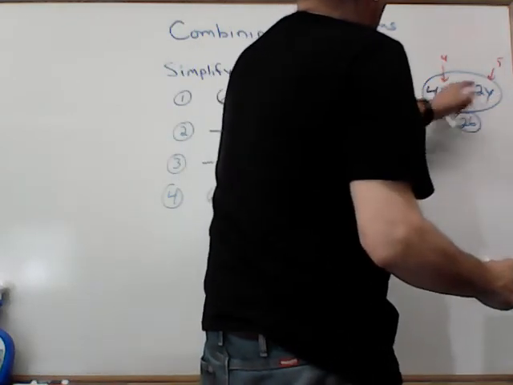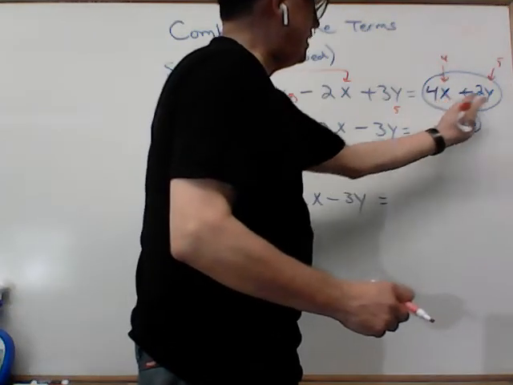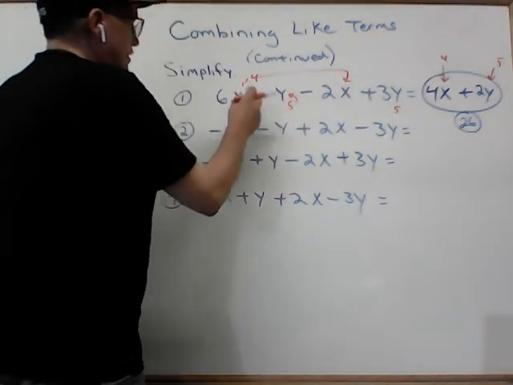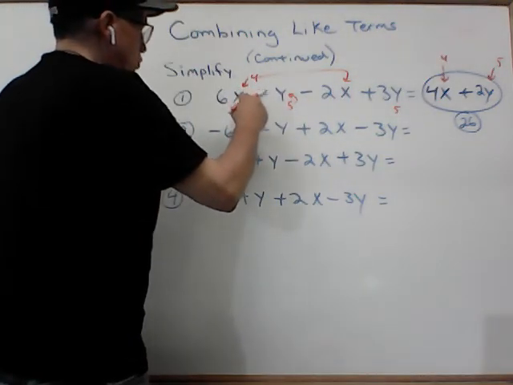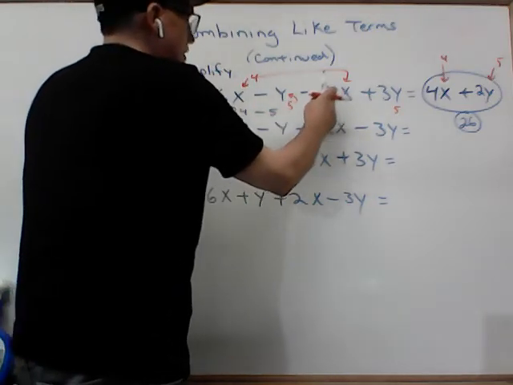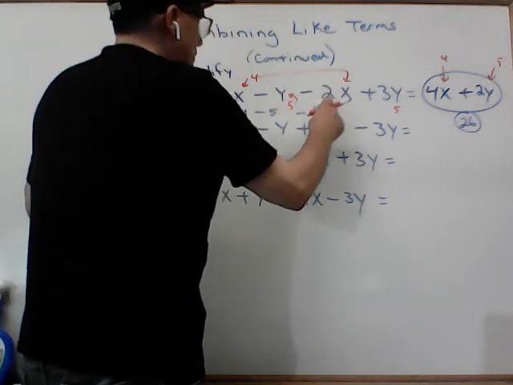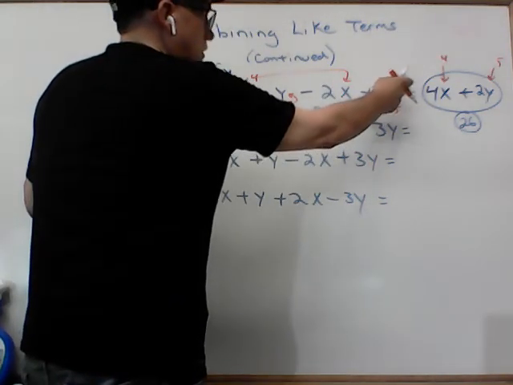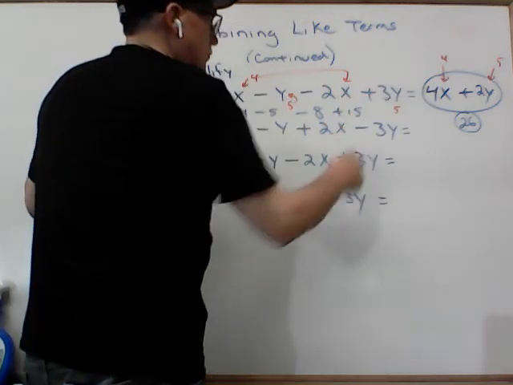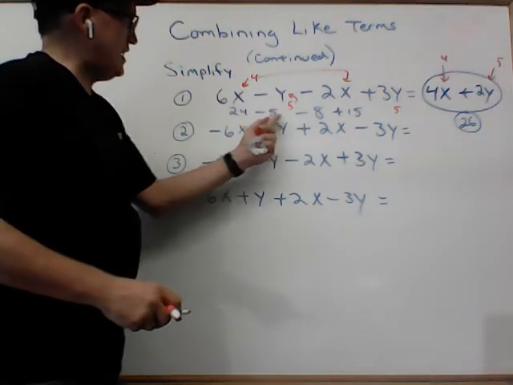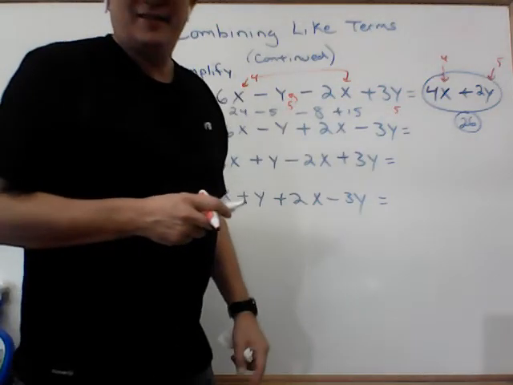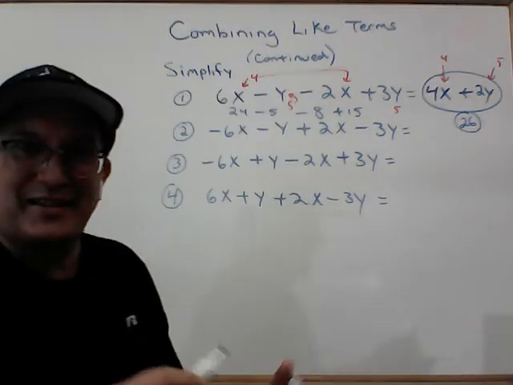When x is 4 and y is 5, 4x plus 2y is 16 plus 10 or 26. So now let's go through these 4 terms. If x is 4, 6 times 4 is 24, and then minus 5, y is 5, so it's minus 5, and then negative 2 times 4 is negative 8, the x is 4, remember, and y being 5, we have 3y, so that's 15, 3 times 5. 24 minus 5 is 19, minus 8 is 11, plus 15 is 26. It had to come out that way.